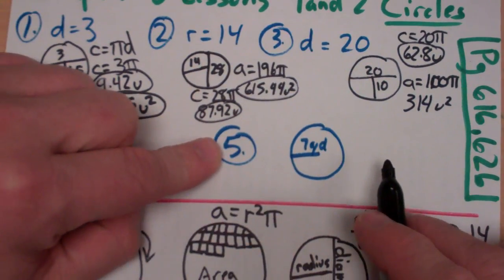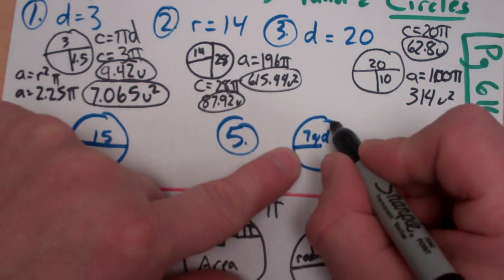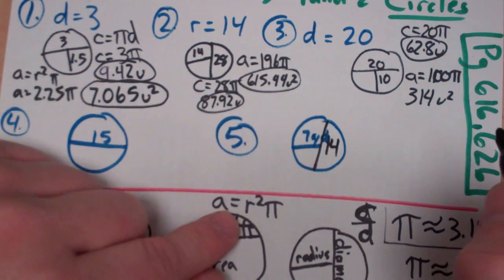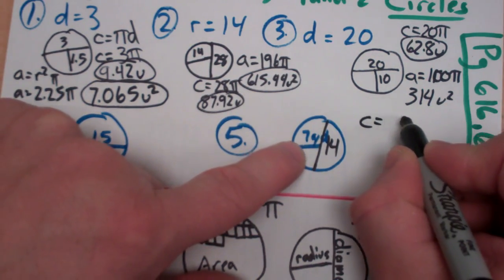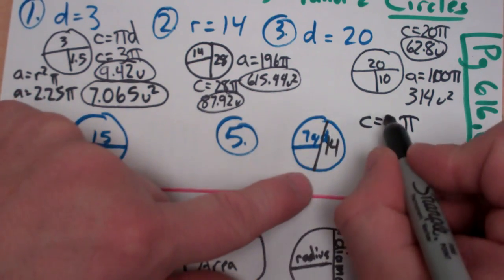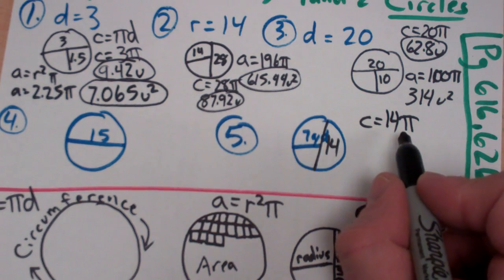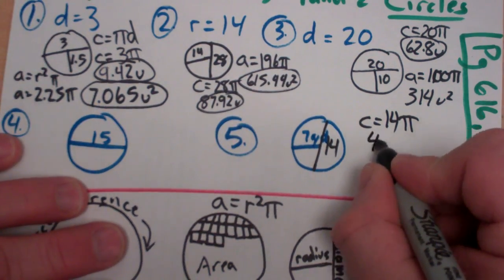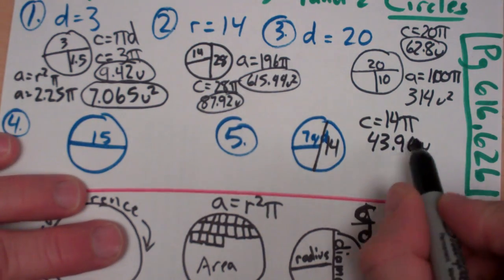Do one more like that. Okay, this one has a radius of 7, so once again, if the radius is 7, then the diameter would be twice that, 14. Let me go ahead and find the circumference. That's pi times diameter, the 14 one. Make sure you use the right one. There it is in pi notation. Or I can take 14 times 3.14, get 43.96 units around that thing. Remember, circumference is just units.